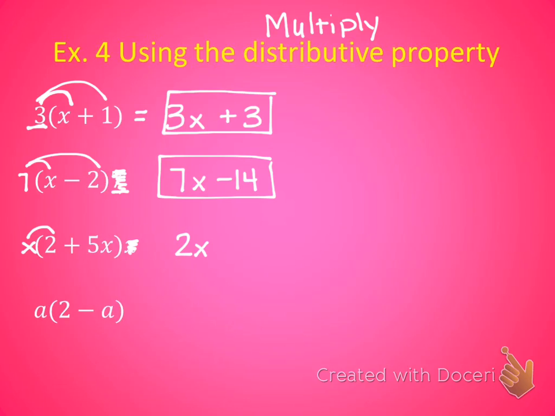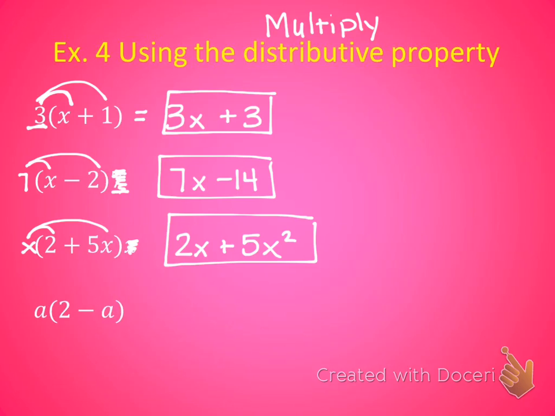We always want to write the number first, okay? Technically, number comes first. Then x times 5x, how would I write that? 5x squared, exactly, because I don't have a number to multiply 5 with, so it stays the same, and I have two x's. So that would be 2x plus 5x squared.